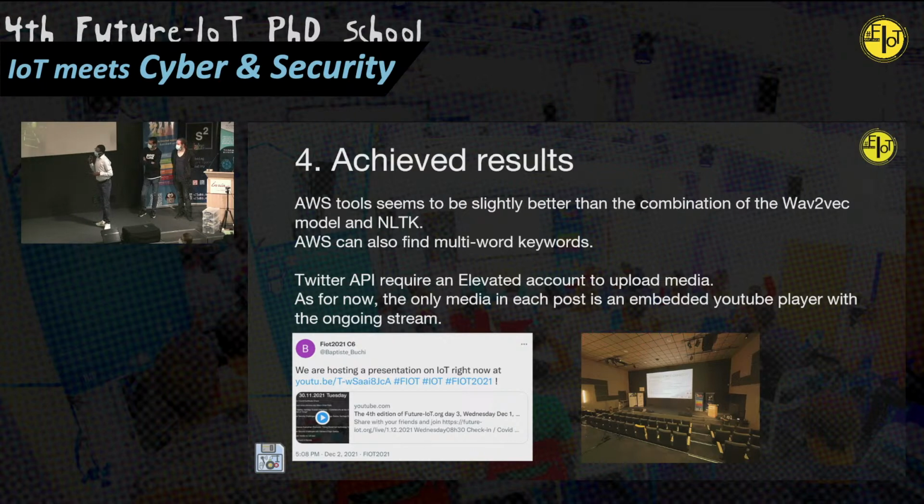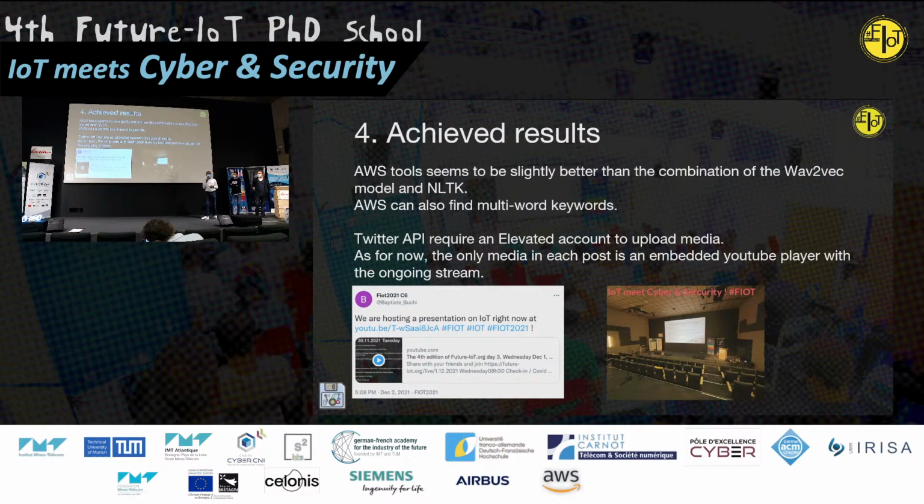For image, we are able to send just a link. Because to send a video or to send an image in Twitter, Twitter imposes that we have an elevated account, so that we can process them to evaluate or to do something using Twitter API.